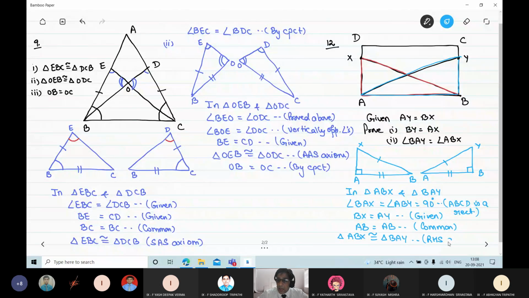By RHS axiom, right angle, hypotenuse, and side. Now, when these two are equal, I can say that AX will be equal to BY by CPCT. And I can also say that this angle will be equal to this angle here. So both the parts will be done.